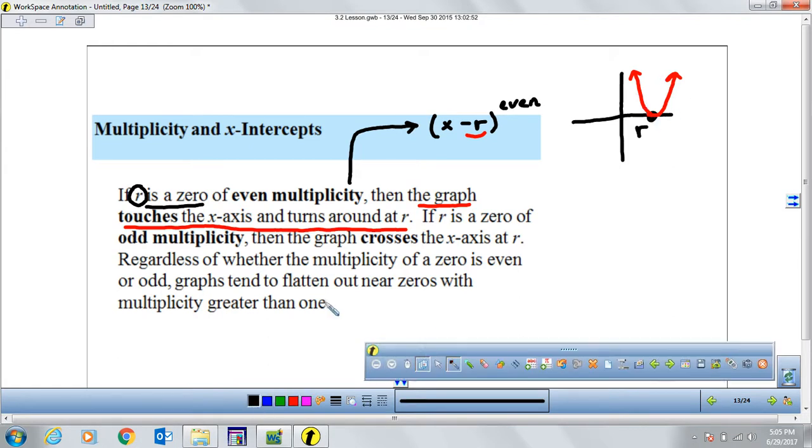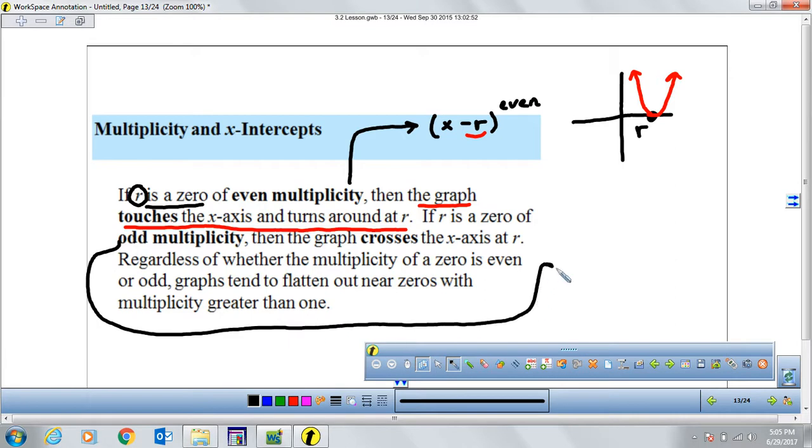Now, in the other case, if I have a zero with odd multiplicity, that means that factor is repeated an odd number of times. So x minus r times x minus r times x minus r, 3 times, or x minus r just 1 time, or 5 times.